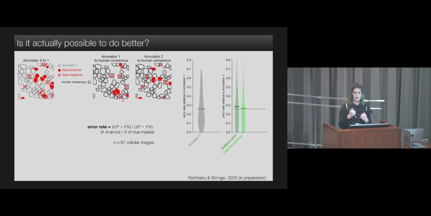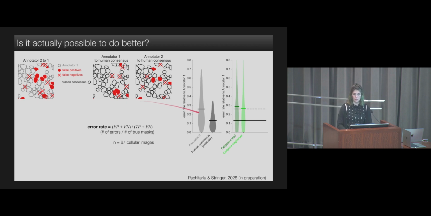We'll have fewer false positives in the human consensus, which are counted as false negatives for the annotator to annotator score. So this error rate is approximately half if you think of an annotator 1 to human consensus.